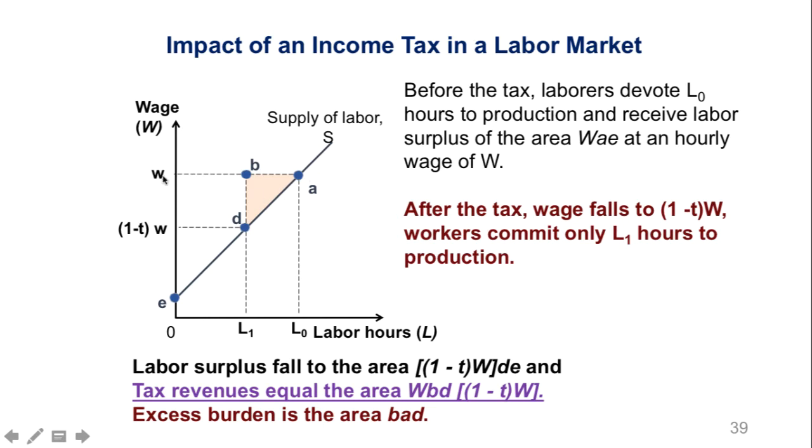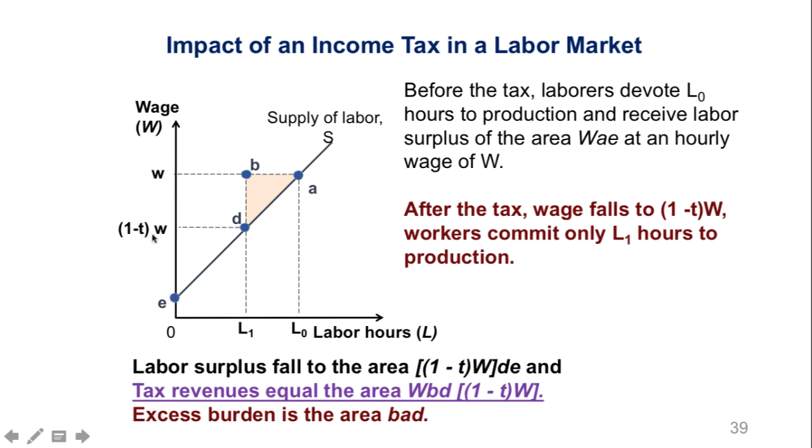Before the tax, the market price was W, so the suppliers' surplus, the area above the supply curve and below the price, was this big triangle WAE.